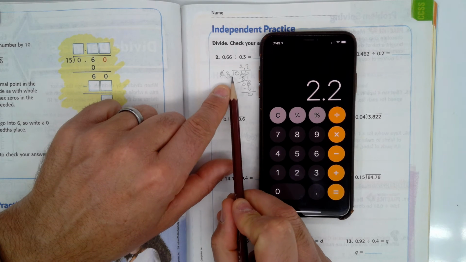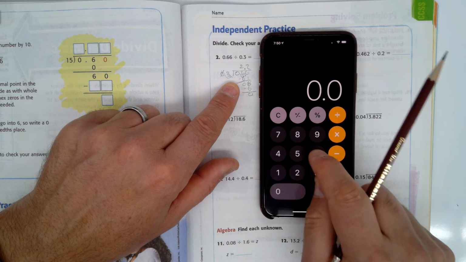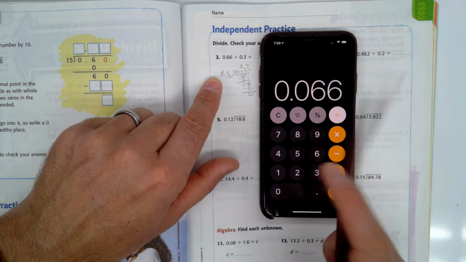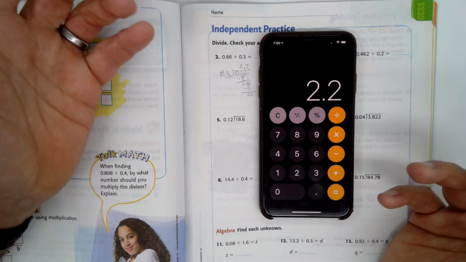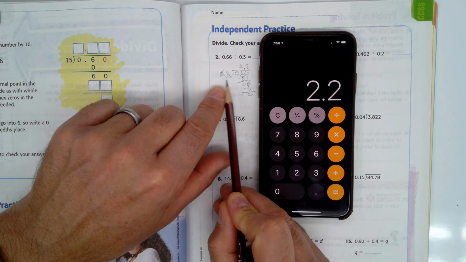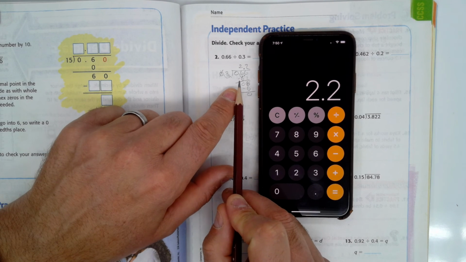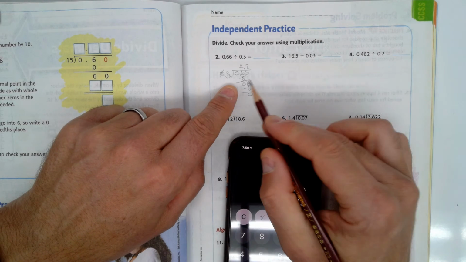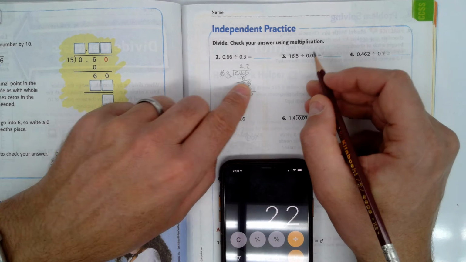So no matter where the decimal point is, it would be the same thing if I put 0.066 divided by 0.03. That would be moving them all to the left. It would still be 2.2. So as long as you're moving the decimal point in both numbers the same way in the same number of places, you'll still get the same answer. So that's why we do that. We do that to make it a little bit easier for our brains to comprehend.